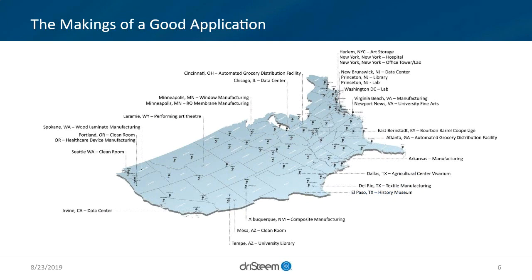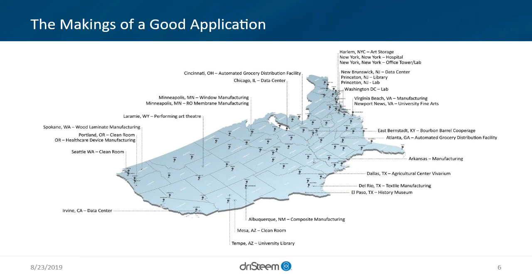So I'm going to go to the next screen, but briefly talk about what we've seen as typical adiabatic project categories. Over 40% for DriSteem typically falls into the manufacturing sector. These are good applications that typically have a heat load and can benefit from that cooling effect. Next, from a market perspective, is data centers.